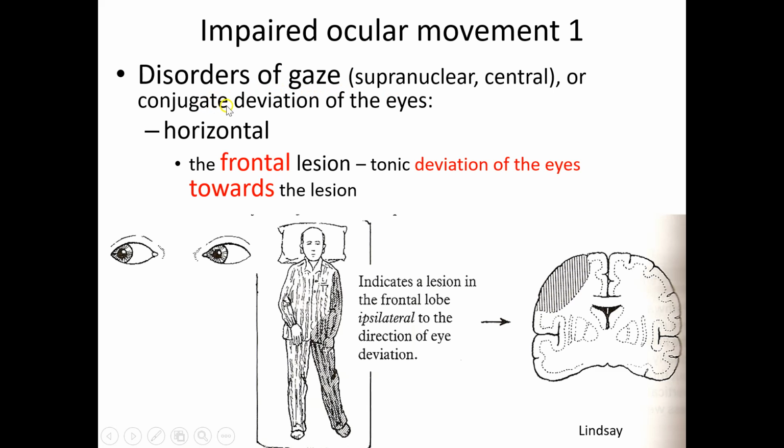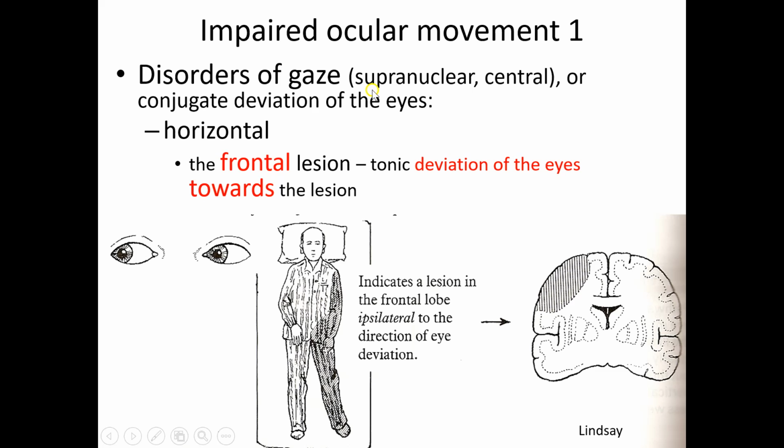There is conjugate deviation of the eyes in disorders of gaze associated with supranuclear or central structures like the frontal gaze center or pontine gaze center, while in disorders associated with third, fourth, or sixth cranial nerves, disconjugate deviation of the eyes occurs.